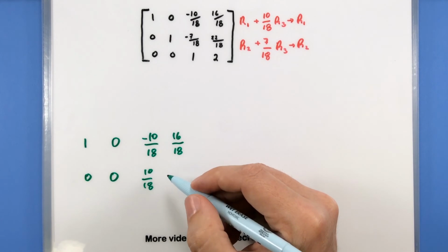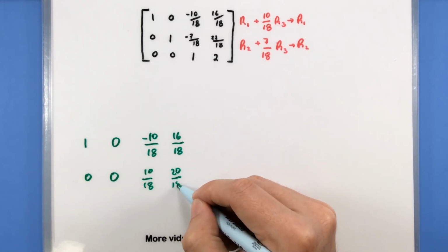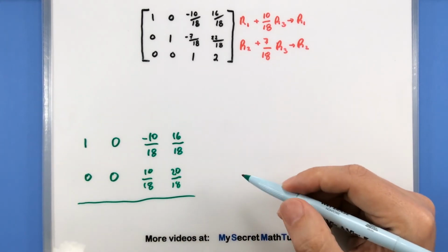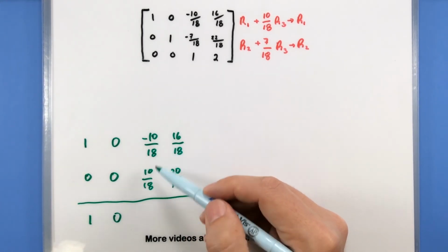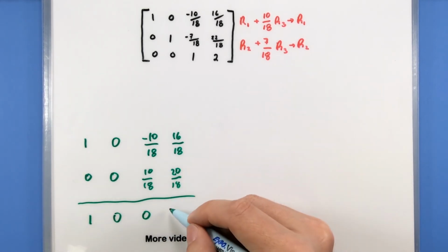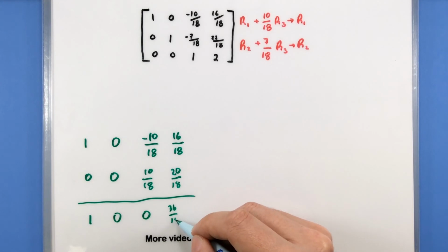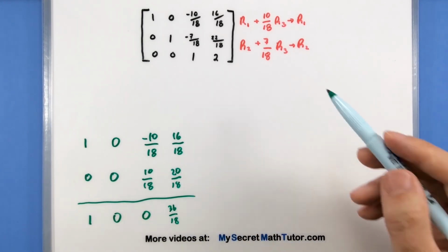And then multiplied by 2, that'd be a 20/18. Time to add it up. 1, 0. These are the same but negative, so 0. These will combine to give us a 36/18. And of course that reduces to 2, but we'll wait until we actually write down the matrix.